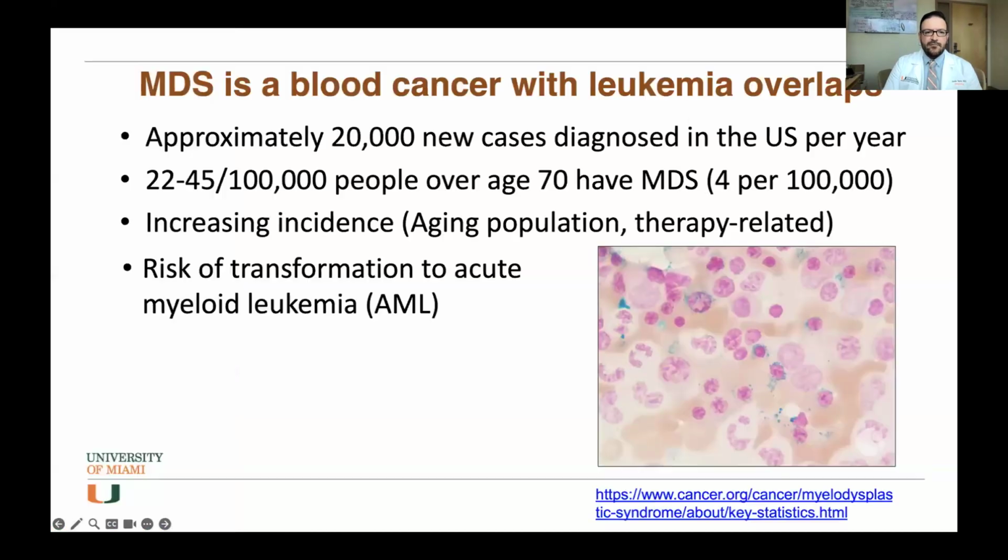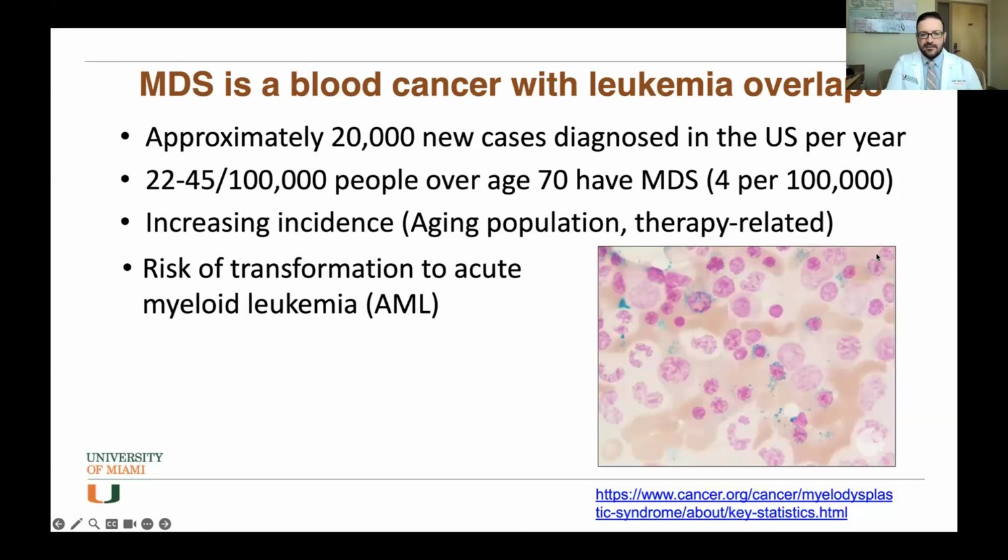So just the background real quick. MDS is a blood cancer. It has some leukemia overlaps, although it's a distinct disease from acute myeloid leukemia. However, you'll notice a lot of the doctors who treat MDS also treat leukemia. That's because MDS, especially when it's higher risk, can become or ultimately transform, as we say.